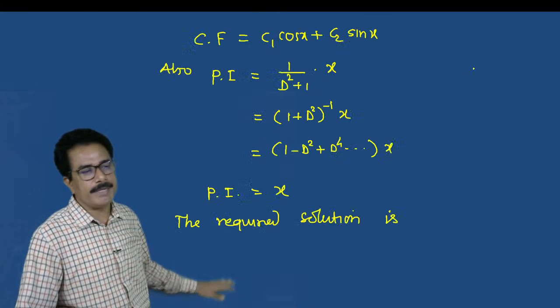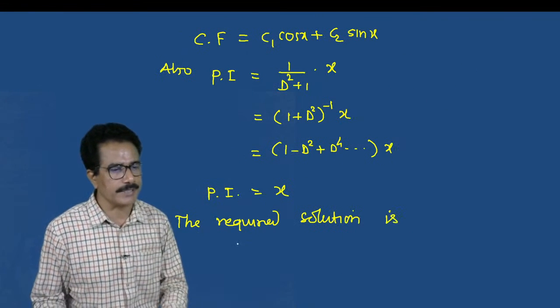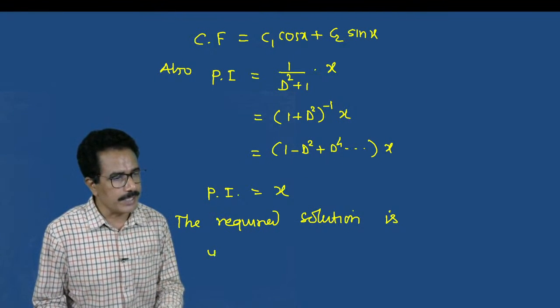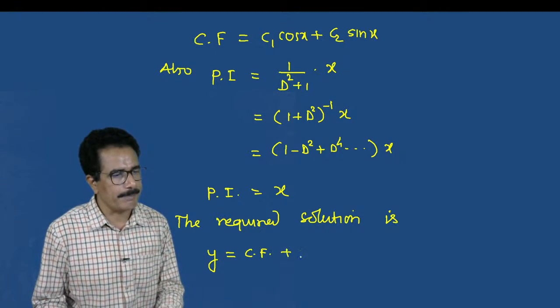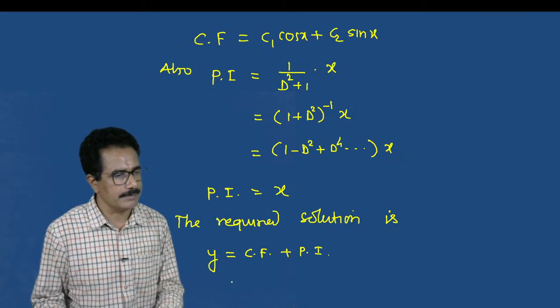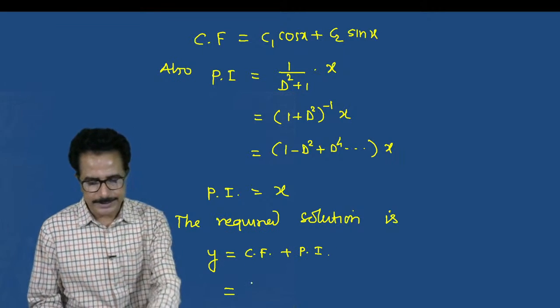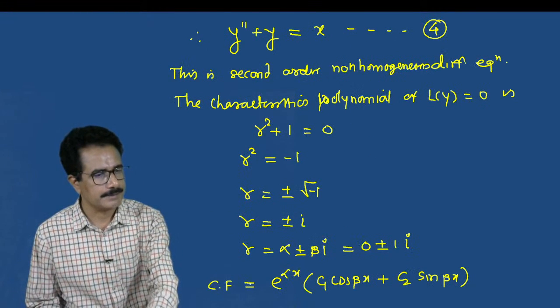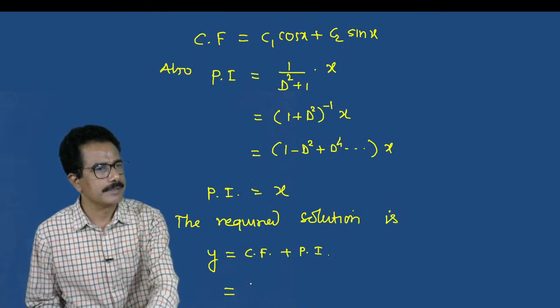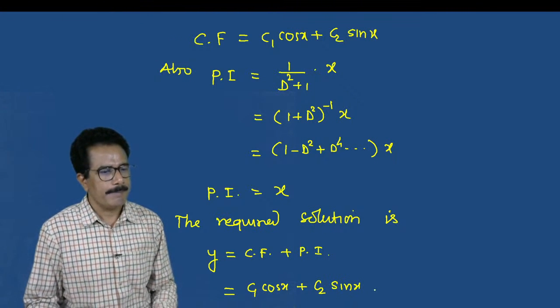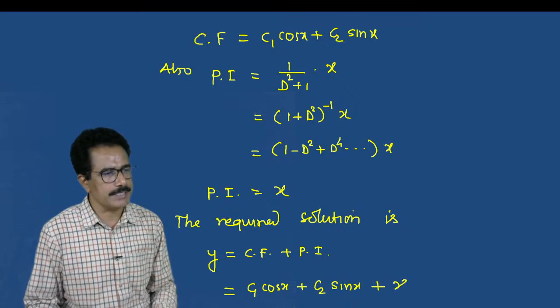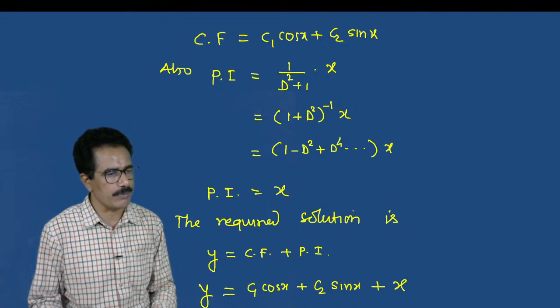First part is the complementary function, second part is the particular integral. So the required solution y is equals to complementary function plus particular integral. So it will be c1 cos x plus c2 sin x plus the particular integral x, this is y.